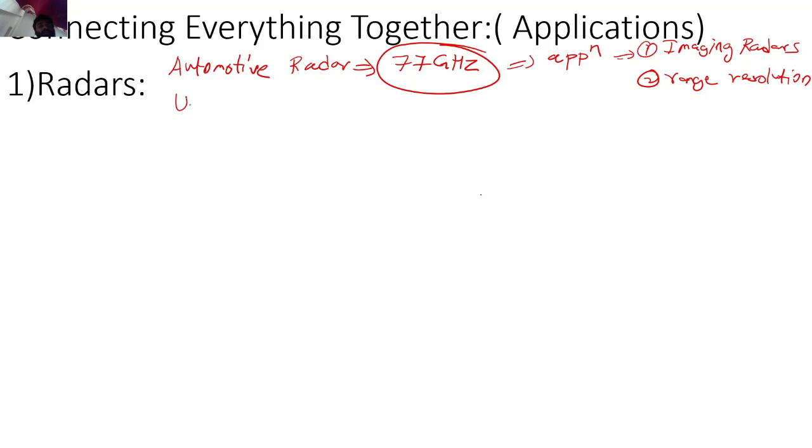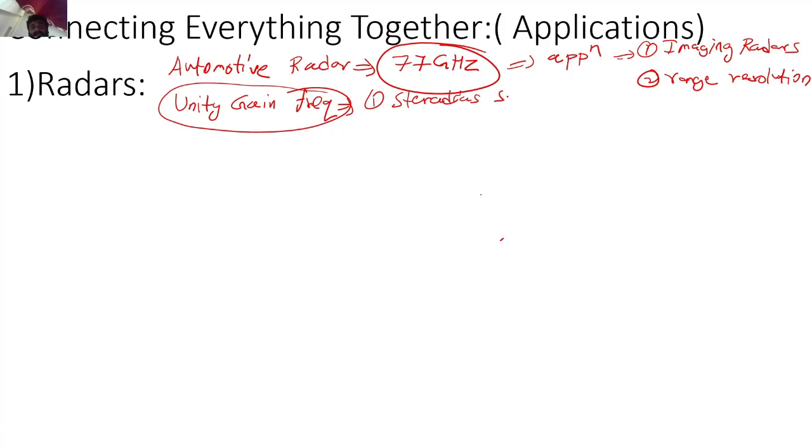Now from 77 gigahertz comes the next point. You remember I told you the concept of unity gain frequency, right? When the sir had taught you the MOSFET, I had introduced this concept and given you two examples: one was Steradian Semiconductor, and another was Qualcomm's 5G ICs, I guess.